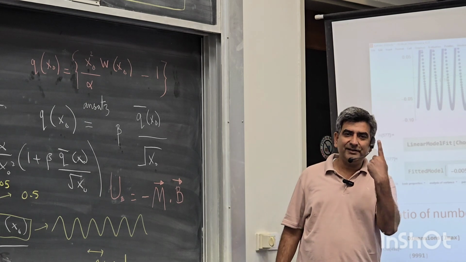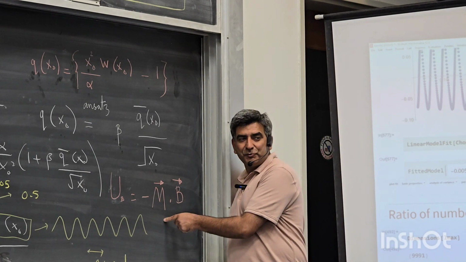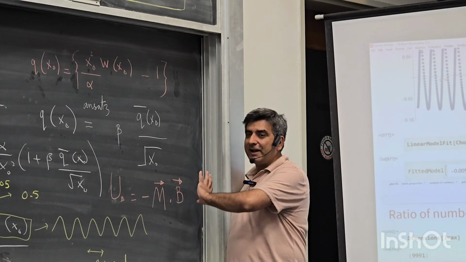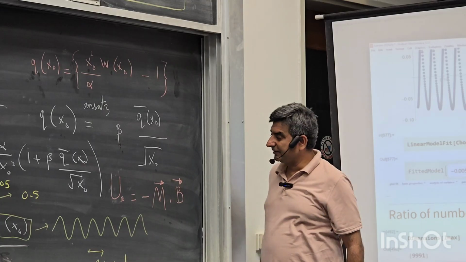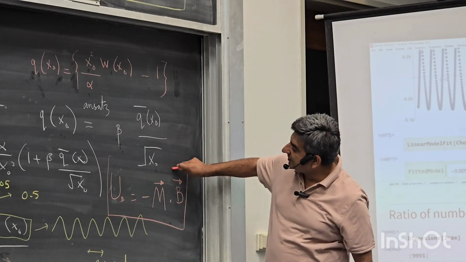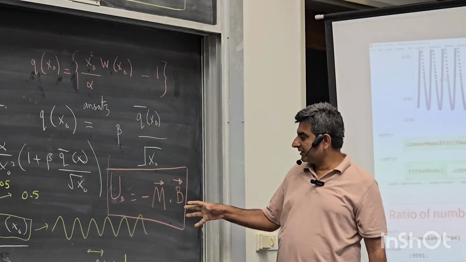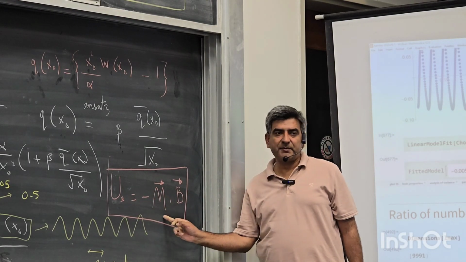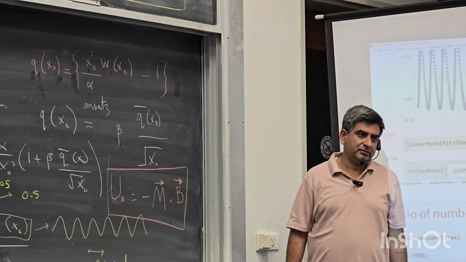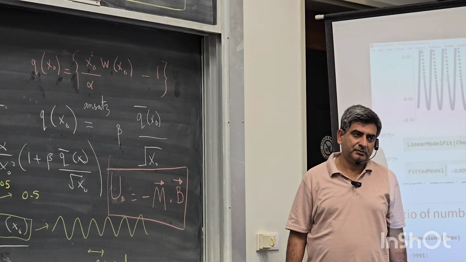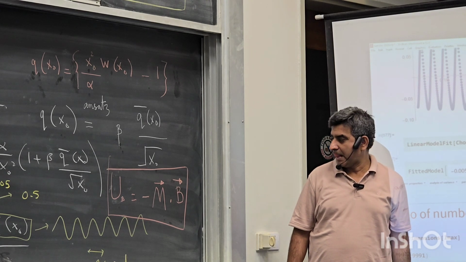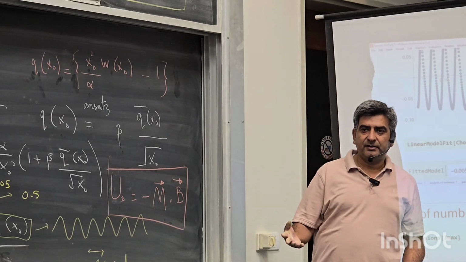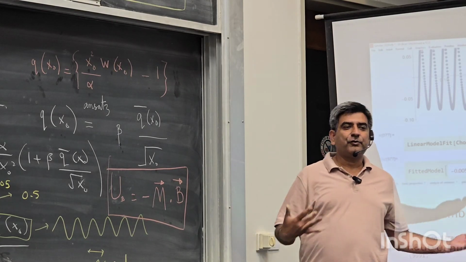For a single spin, the magnetic energy is minus mu dot B, where mu is the magnetic dipole moment. So if I have a magnetized sample and I put it inside a magnetic field, this is the magnetic energy of that sample. Now if I know U, how can I determine magnetization? And I suppose these are isotropic materials, so the magnetization and the magnetic field are either aligned or anti-aligned.